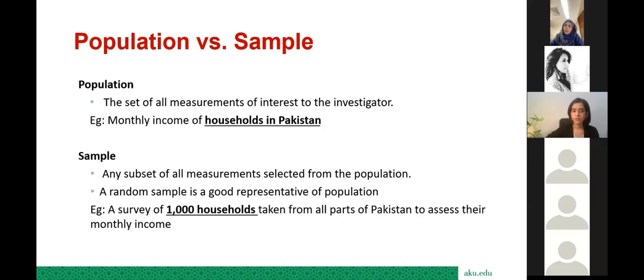For example, if I want to assess the household monthly income of a particular group of people, it will not be possible for me to go out in the field and take information from all the people. Instead, I will take a sample of people from that population, and then do the measurements.